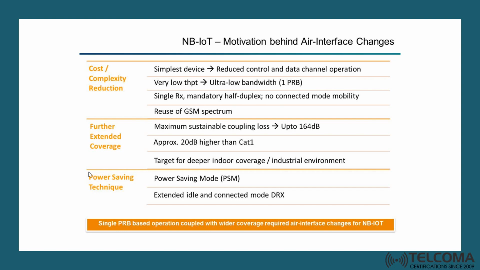And the main target is deeper indoor coverage in industrial environments, underground establishments, very remote establishments, etc. And power saving remains the same as we have seen before: extended idle and connected mode DRX. There is even a provision to support the power saving mode PSM, that is the Release 12 feature that we have seen before, for NB-IoT devices.